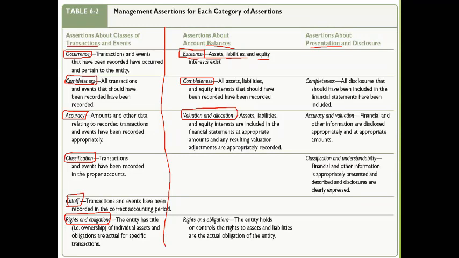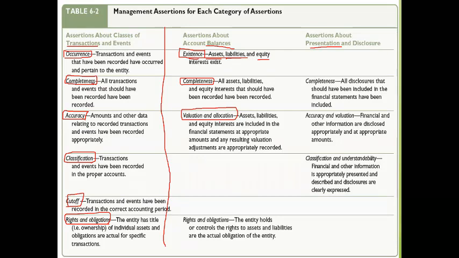For example, if we are talking about assets, this valuation and allocation is the same as accuracy, except that in accuracy I'm just checking on mathematical errors. Here for valuation and allocation I'm checking for two things: valuation, which means the value is correct, and the second one, that the allocation has been made.